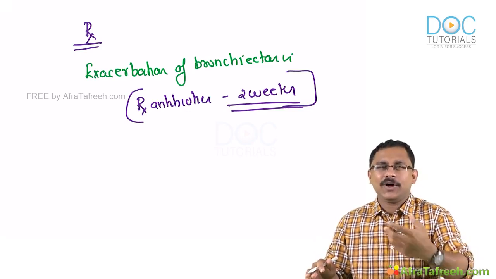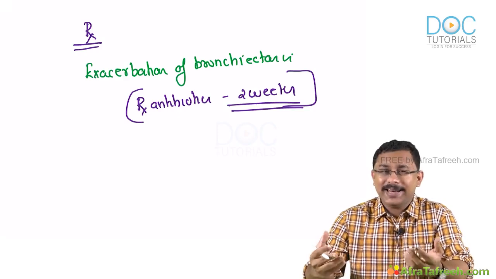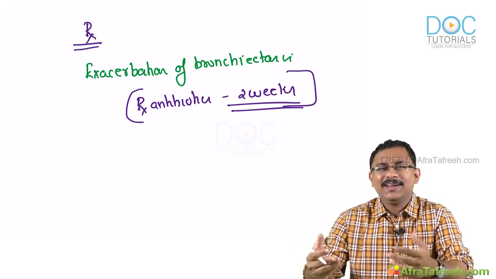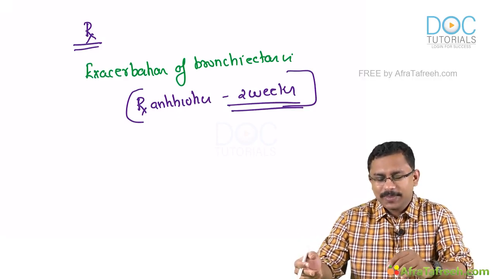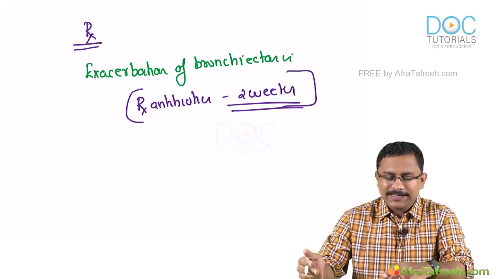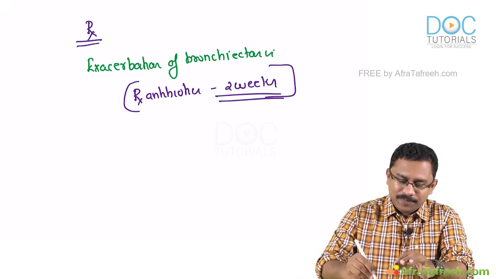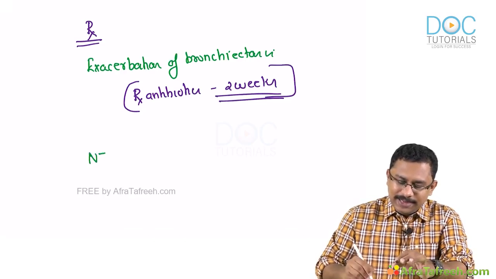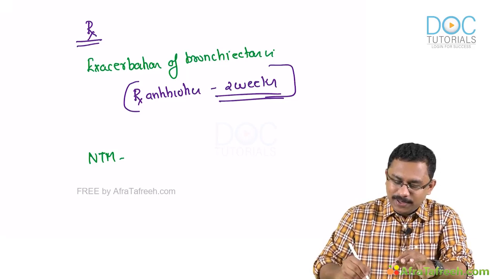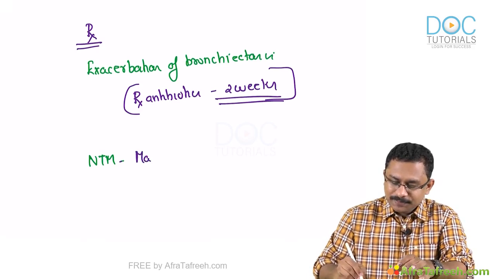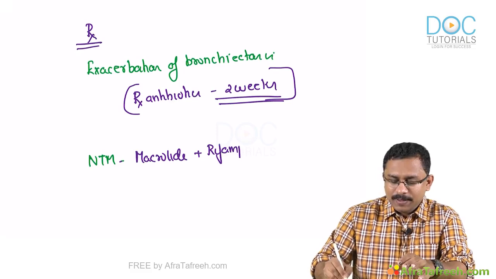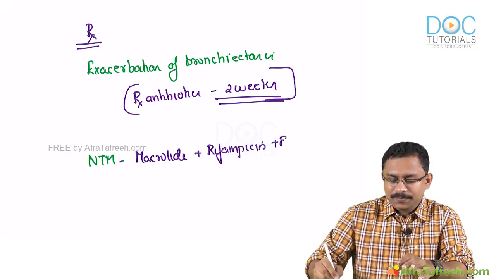The antibiotic choice again can be dependent on the organism that is isolated. So initially you can go for an empirical therapy, and then once you get the culture results, you can switch over. And if it is a non-tuberculous mycobacterium, in that case you might require treatment with maybe a macrolide plus rifampicin plus ethambutol.